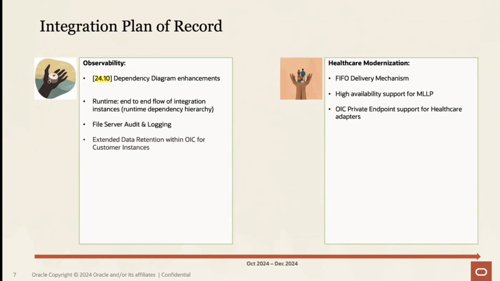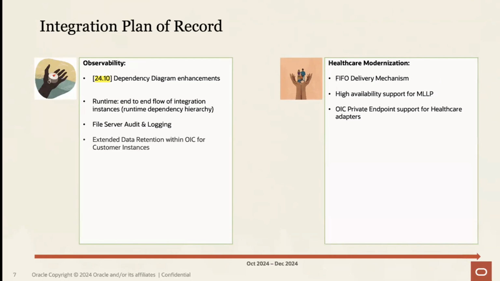We continue to focus on healthcare. So Healthcare Edition is the latest SKU that we have available as Oracle Integration. And what we are doing is continuing to build on the features that we've already delivered. So for example, MLLP high availability is one of those features that we are continuing to work on.